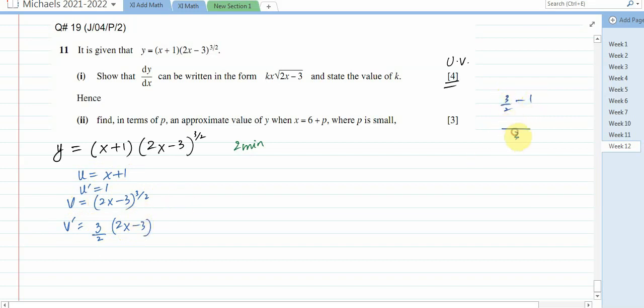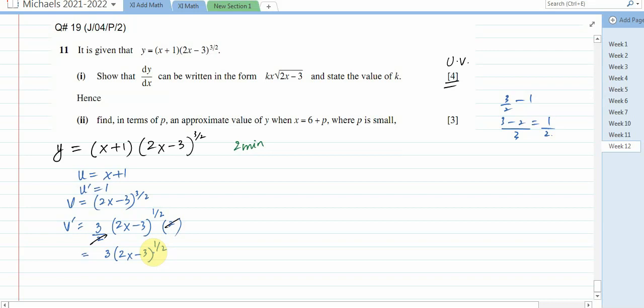Taking LCM 2, 3 minus 2 is 1, so the power is 1 upon 2, and the derivative of the inner function is 2. Alright, so this 2 and 2 cancel here. So what we have is 3 times (2x minus 3) with the power 1 upon 2.